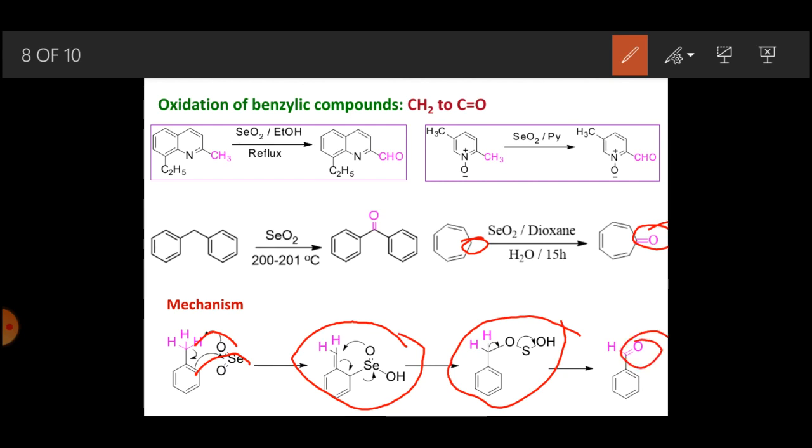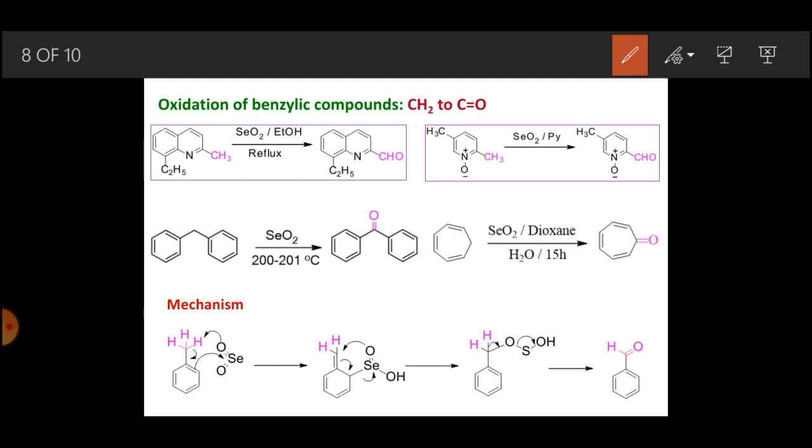So the mechanism of this benzylic oxidation is also very simple. There is no complication because we have seen the allylic oxidation, how it takes place, then alpha methylene oxidation, how it takes place, and it is also following the same. So the mechanism now appears very simple to us, and it is indeed very simple.